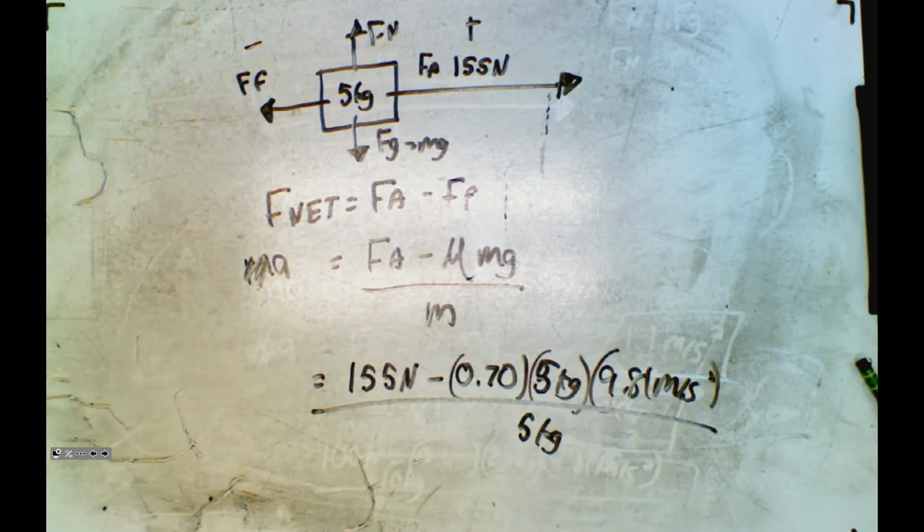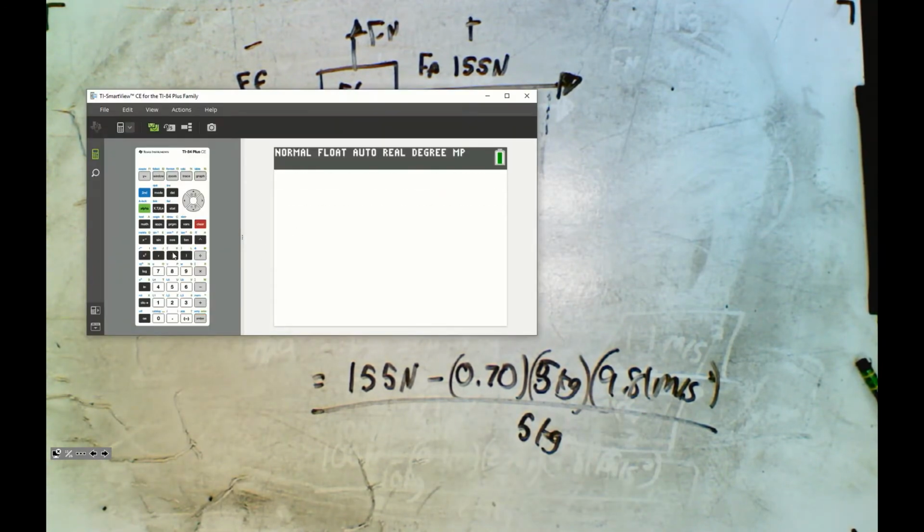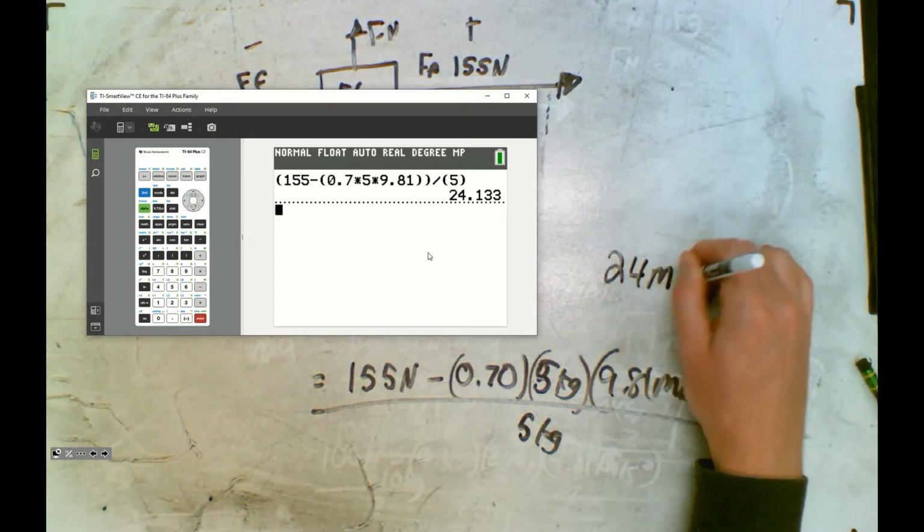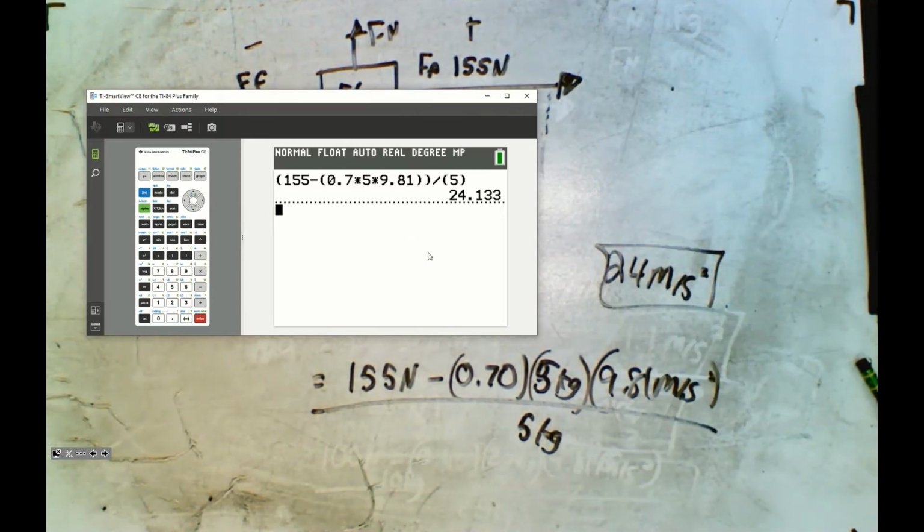So our answer is going to be 155 minus 0.7 times 5 times 9.81, divided by 5. And we get our acceleration to be, we have 2 sig digs, it wants to know magnitude, so just 24 meters per second squared is a good answer.